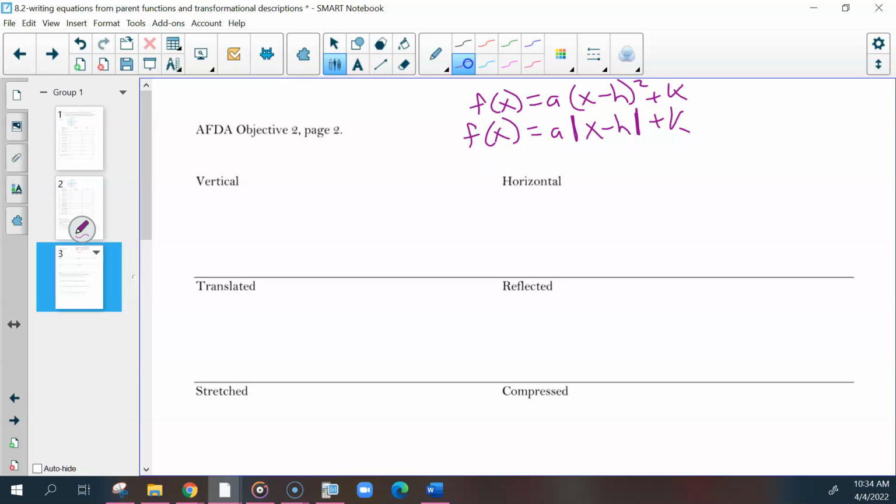So the quadratic one should look familiar because we've talked briefly about that when we were doing quadratics. That's the vertex form, and you can easily find the vertex when it's in that form. We're going to be using that from that one and talking about how these relate to those.